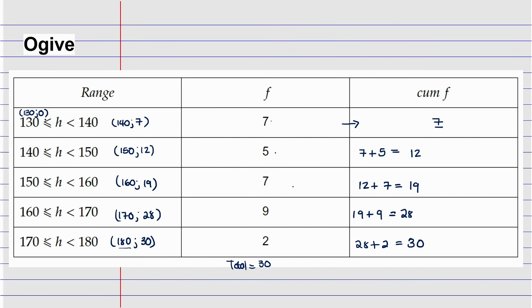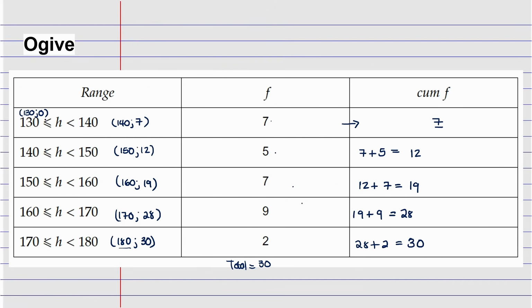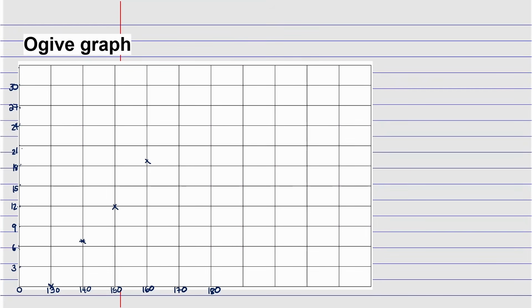Then we're going to have 160 and 19. So it's going to be 160, then 19 is in between 18 and 21, so it's going to be here, right? Then we're going to have 170 and 28. So 28 is between 27 and 30, so it's going to be somewhere there, right?